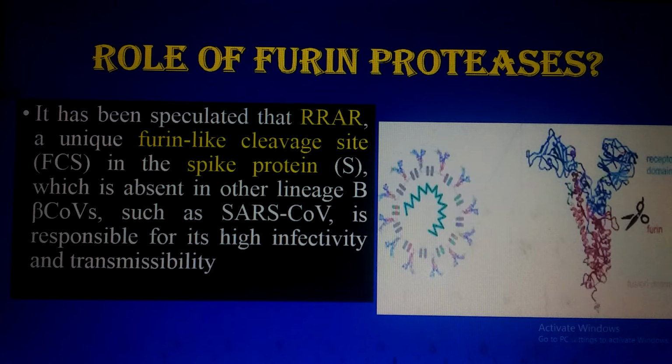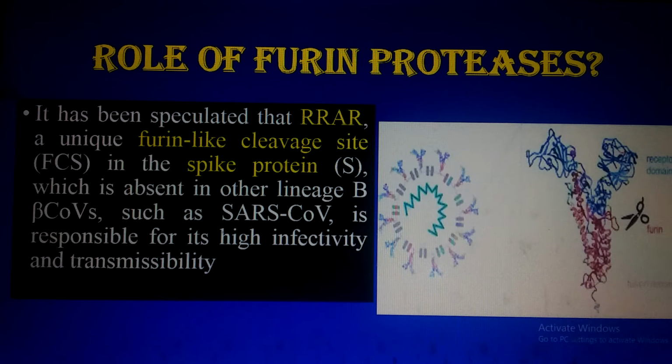So this site present in the spike protein, RRAR, where R and A are the symbols used for the nitrogenous bases: R for purines, adenine and guanine, and A for adenine.